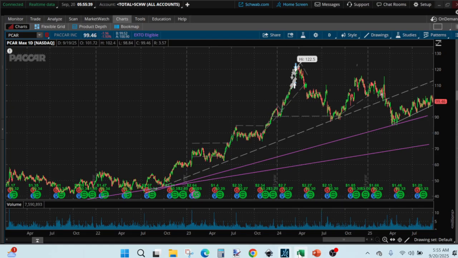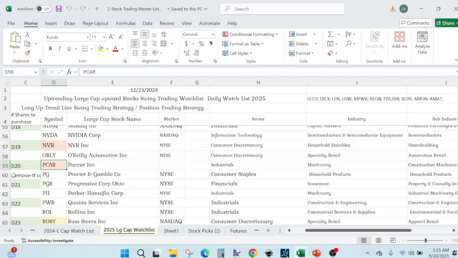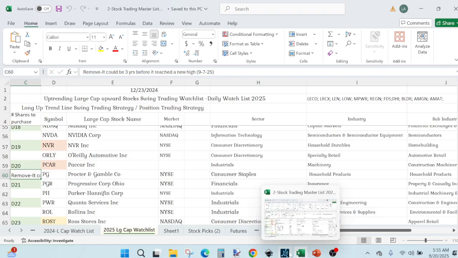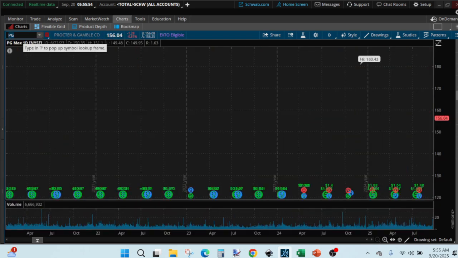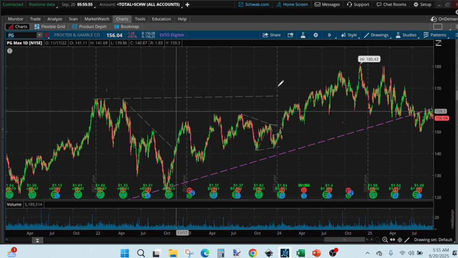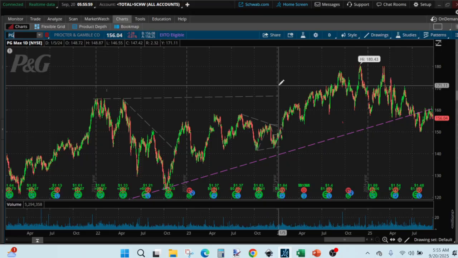Now the next one we are going to analyze is PJ. I put here that I'm going to remove it from this list pretty much at the end of the year or so, because I just feel like the pattern, it might be a great company, but the pattern is just not something I want to swing trade.